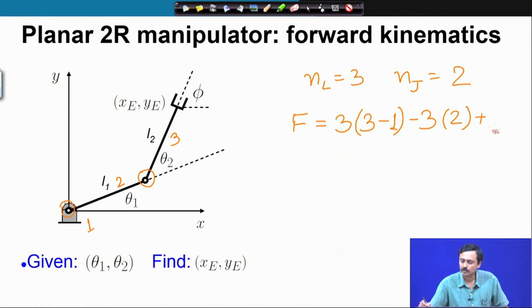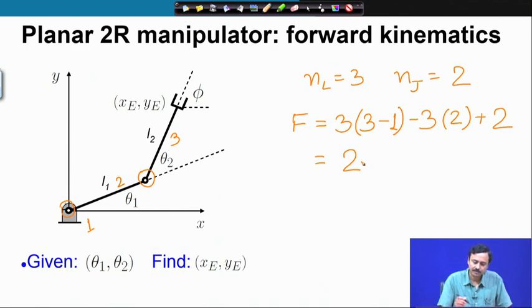You have 2 revolute pairs, as the name suggests, we have 2 revolute joints. Each revolute joint has 1 degree of freedom. So, their summation of the total degrees of freedom is 2, therefore, this turns out to be 2. So, this has 2 degrees of freedom. This qualifies to be a robot, and because it has 2 degrees of freedom, it will require 2 inputs to be specified.